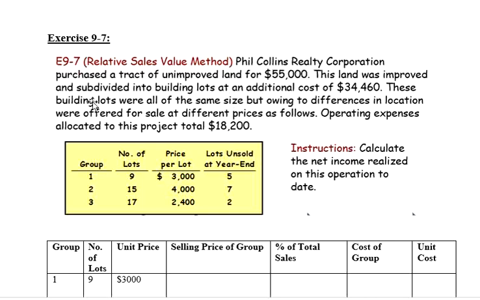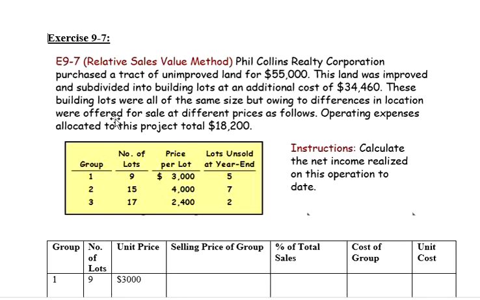So the land was improved and subdivided into building lots at an additional cost of $34,460. They purchased it for $55,000 and then incurred some more cost on it so that it goes into a sellable shape, and they had a building map for that, and they decided to sell the lots.